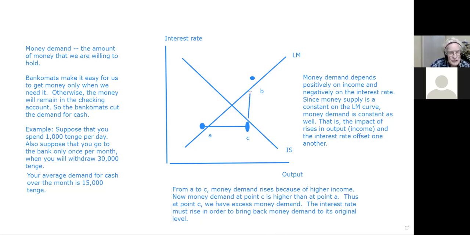That is, we move now to point B, where the interest rate is higher and consequently money demand is lower than it was at point C.